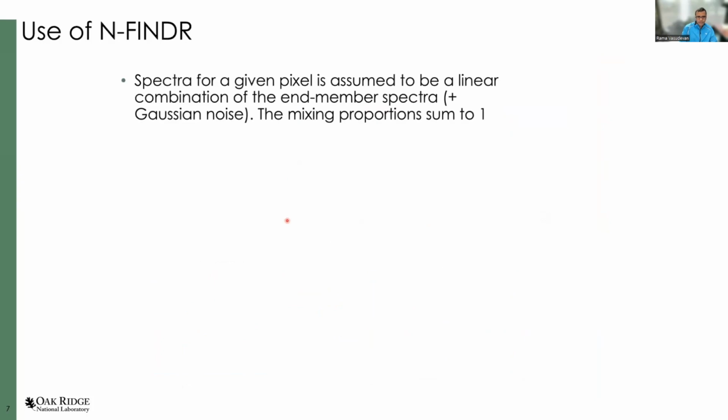The algorithm that we're going to describe here was developed in 1999 by Michael Winter. It's really an unmixing algorithm where we assume that we can reconstruct any of the individual members of this data set, any of the individual 2D FFT transforms, as a linear superposition of other so-called n-member spectra.